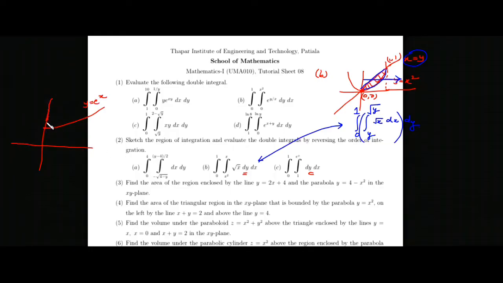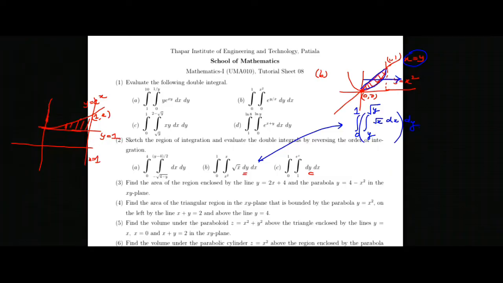Y is equal to 1. This is your y is equal to 1 line, and this is your x is equal to 1. So this is the region. Your y is varying from 1 to e to the power x, and the minimum value of x in this region is 0 and the max value is 1. So this is 1 comma e.